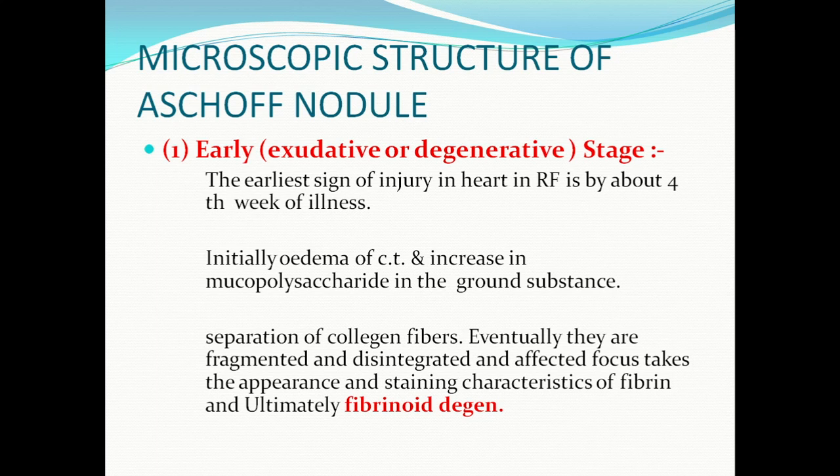That is the reason why the first early stage is also known as fibrinoid degeneration, because there will be a separation of collagen fibers and eventually they are fragmented, disintegrated, and it looks like fibrinoid degeneration. So the first early stage occurs at the fourth week of illness, and the keyword is fibrinoid degeneration.